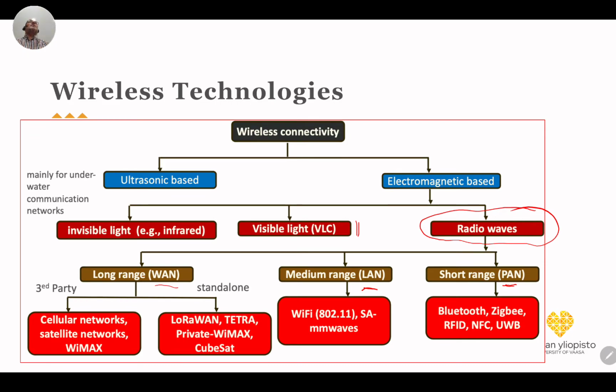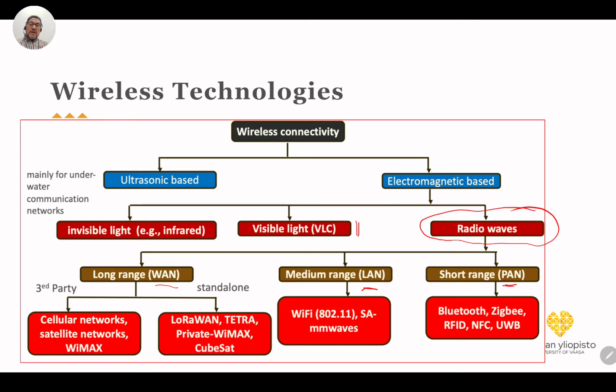And actually in some countries it is illegal to use directive antenna with your LAN, because this can introduce high interference for the other devices within that radiation pattern loop. But anyhow, the Wi-Fi is designed for around 100-meter distance or 150 meters distance. So it is local area network.